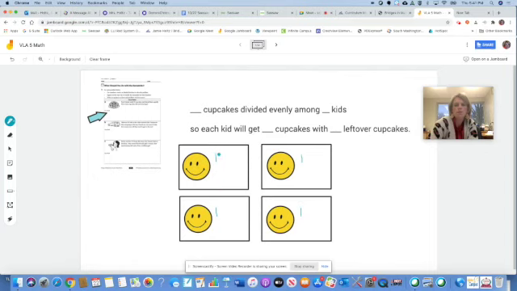And I've used 4, 5, 6, 7, 8. Now you can keep going until you've distributed all 55 cupcakes. But beware, if you can't share them equally, you're going to want to put those cupcakes off to the side because they have to be shared equally. Go ahead and do that now.